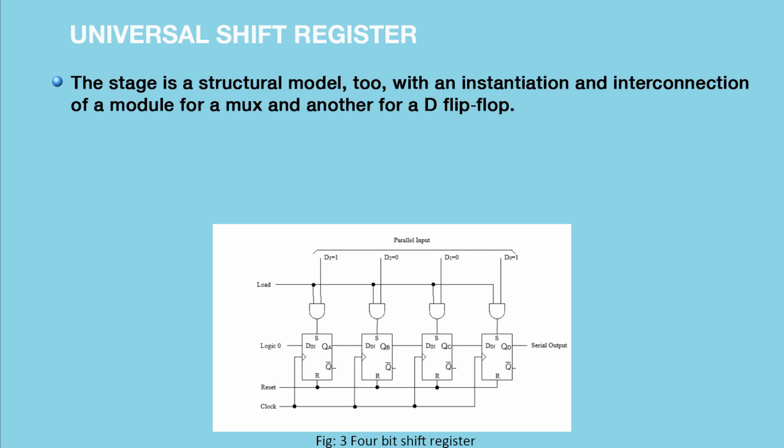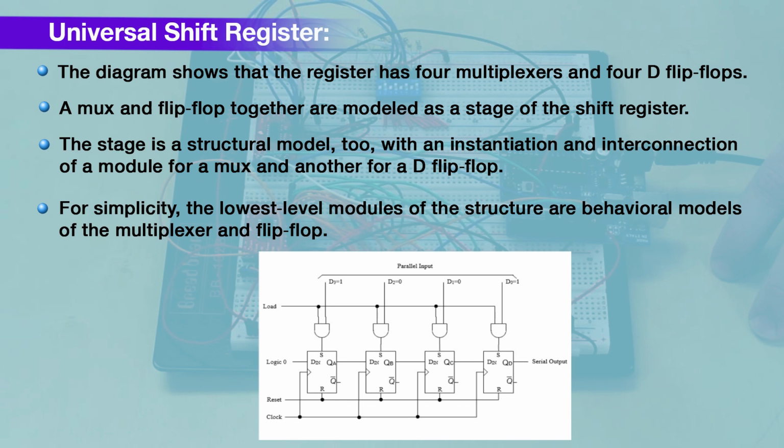The stage is a structural model with an instantiation and interconnection of a module for the mux and another for a D flip flop. For simplicity, the lowest level modules of the structure are behavioral models of the multiplexer and flip flop. The structural description of the register is shown below.